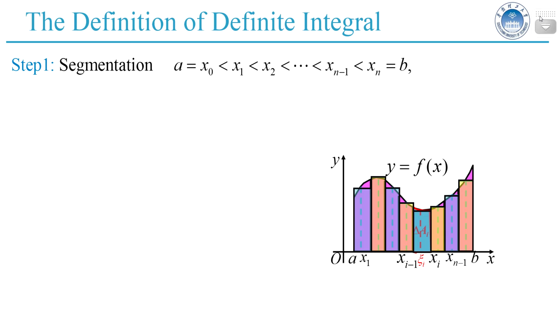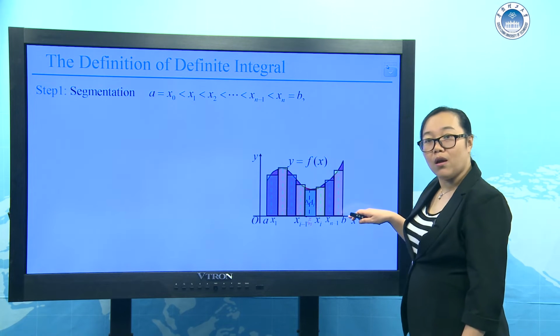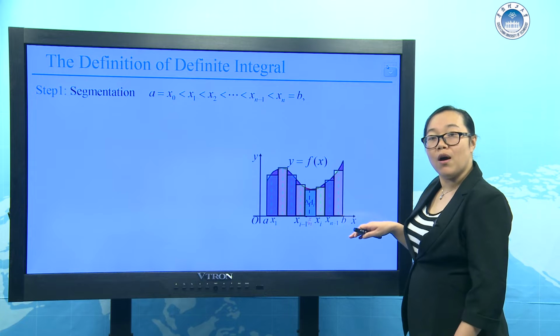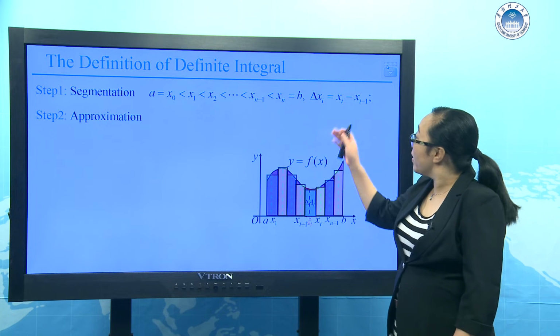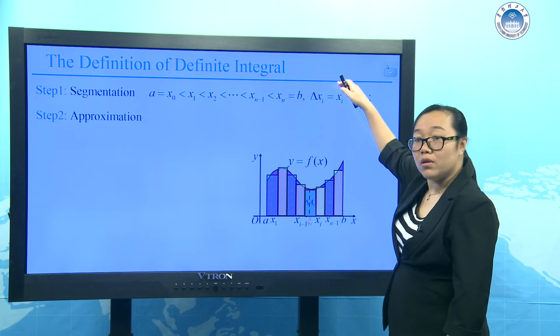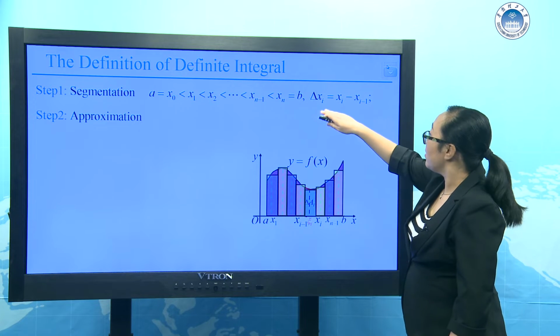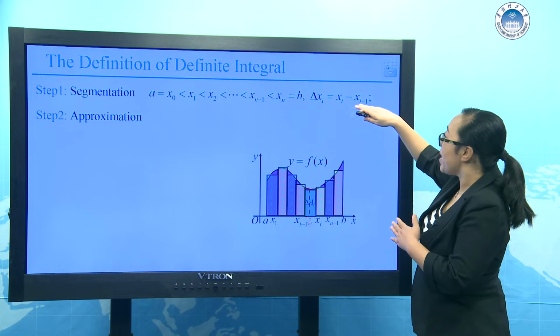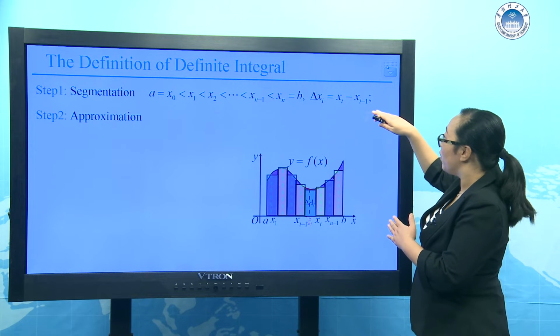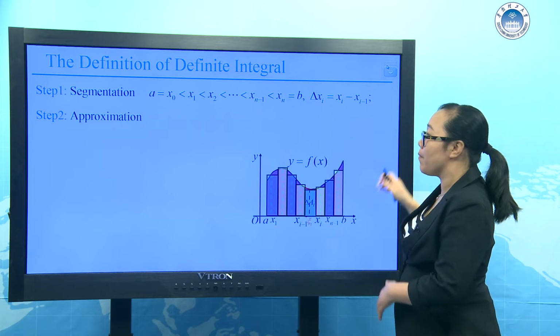So now this closed interval [a, b] becomes n intervals. Then we can get the corresponding interval length: delta xi equals the right point xi minus the left point x(i-1).